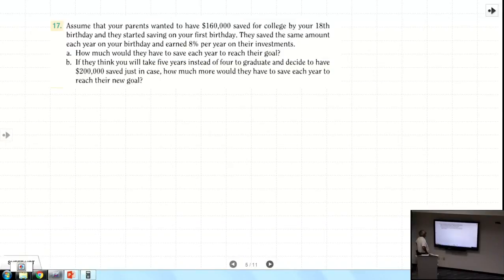Question number 17, assume that your parents wanted to have $160,000 saved for your college by your 18th birthday, and they started saving today. They saved the same amount of money for each of your birthdays that earned 8%. How much would they have to save each year?